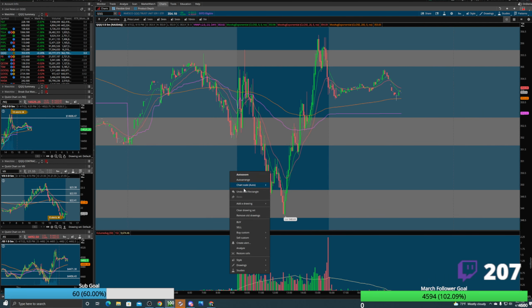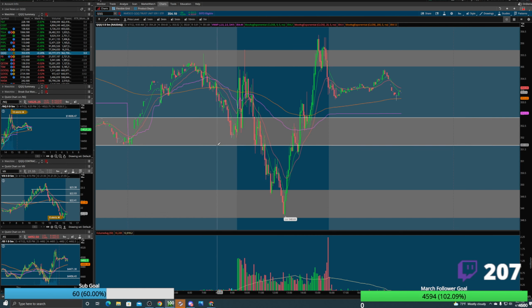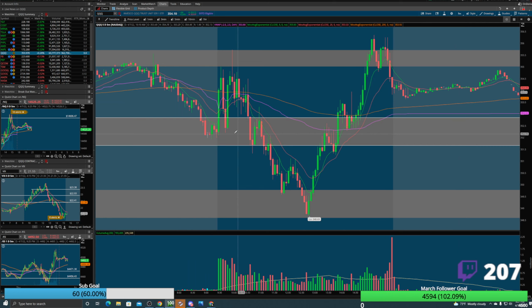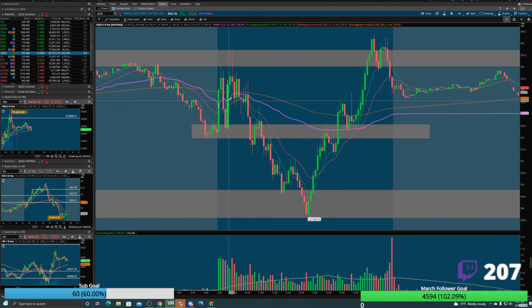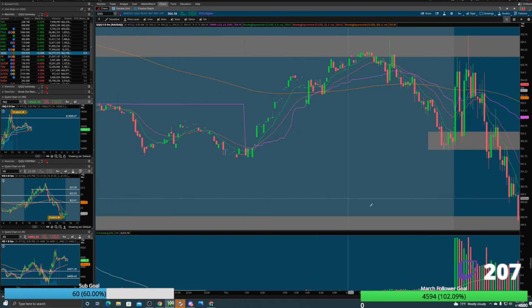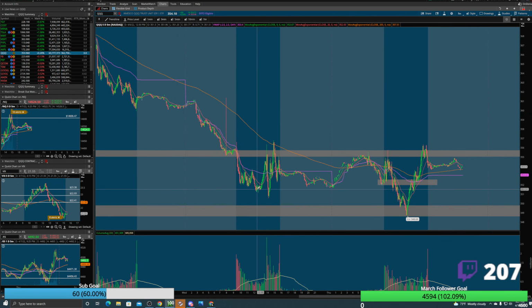I think it wouldn't let me because I saved it or moved over. So we can see, right? Let's create the zone a little bit smaller because it was right on the pre-market low. Now right here. I also had this zone. I think it was right here. Yep, this small consolidation right there.